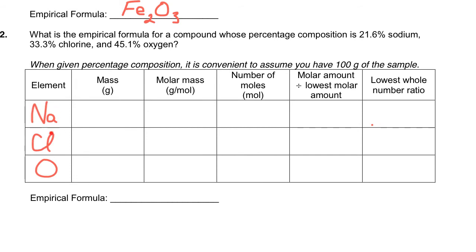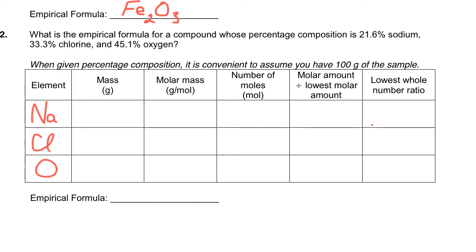I have sodium, chlorine, and oxygen because that's what I'm told in the question. Now, the next section in my table was mass because I need mass divided by molar mass to find the number of moles. But I'm not given any information about mass. All I have is percent composition.